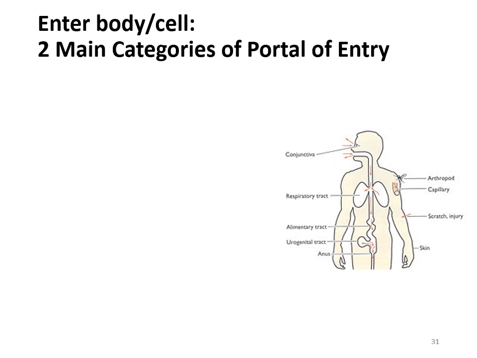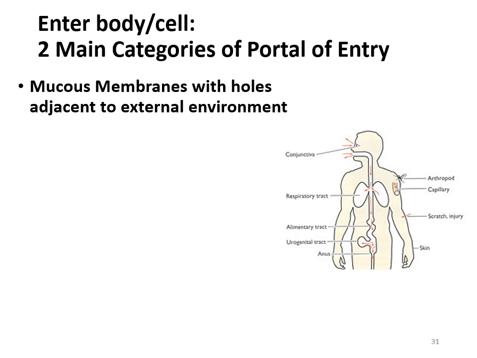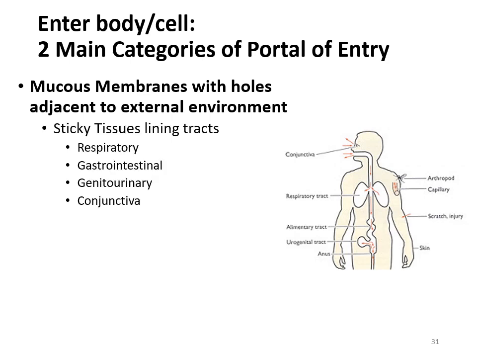There are 2 main categories of portals of entry for bacteria. The first ones are mucous membranes. Any of the tracts listed here, such as respiratory, gastro, genitourinary, conjunctiva, all have holes adjacent to the external environment and allow microbes to get in.